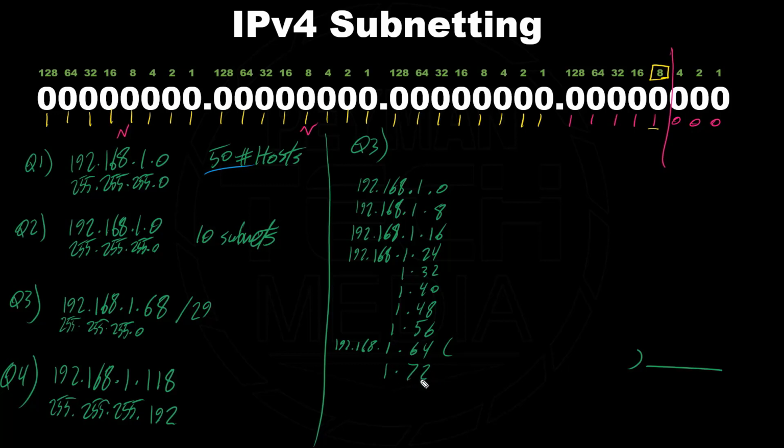How can we find the next subnet? By applying the increment. The next subnet is 192.168.1.72, so one IP address less than 1.72 is the broadcast address for this subnet: 192.168.1.71.